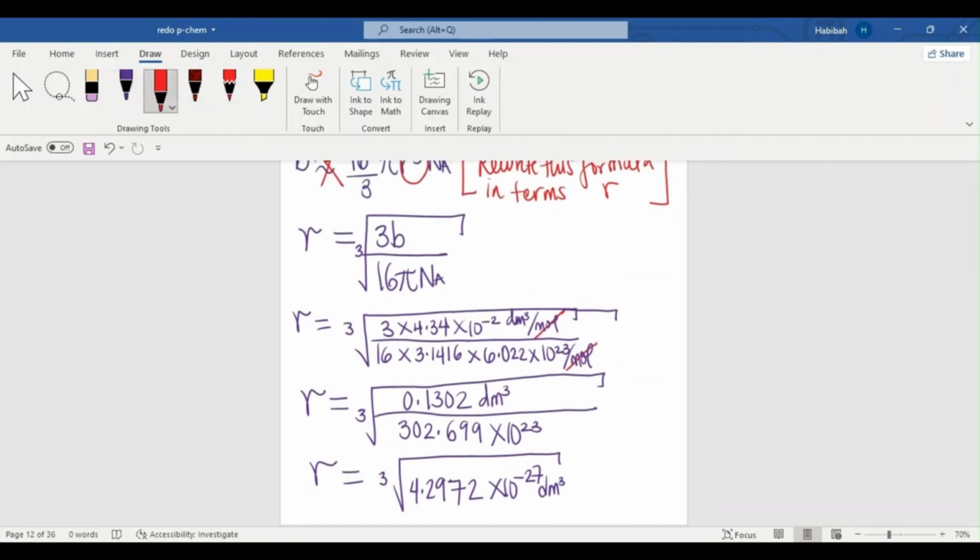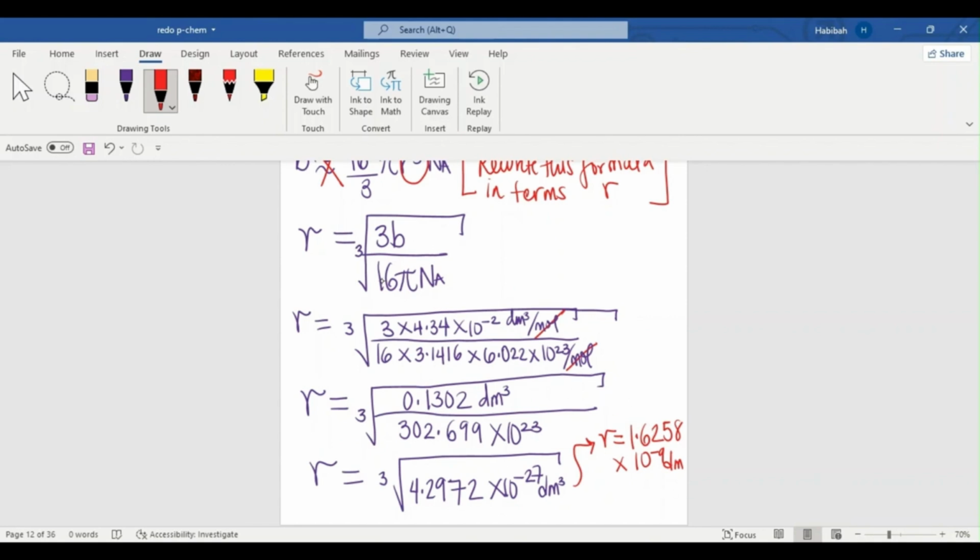We have r is now going to equal 1.6258 times 10 raised to the power of negative 9 decimeter. Of course, we have decimeter and no longer decimeter cube because we've taken the cube root. So the cube root of decimeter cube just becomes decimeter.